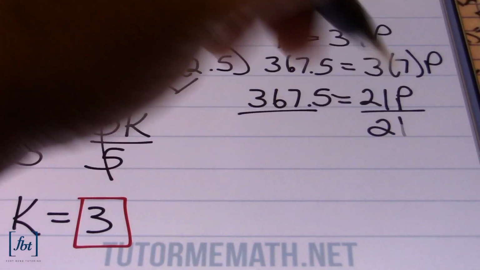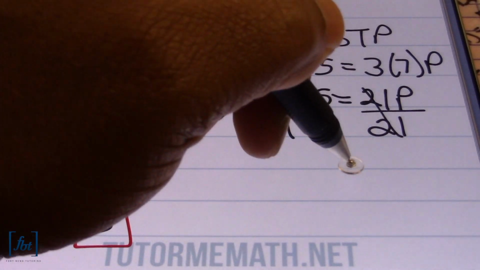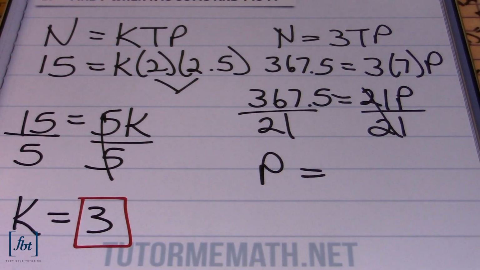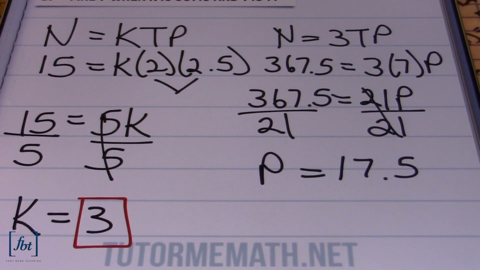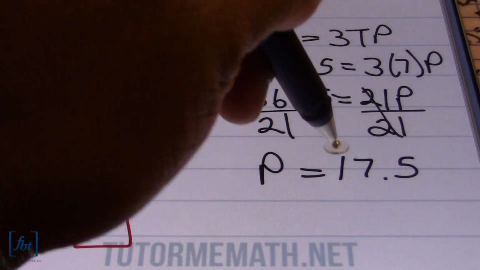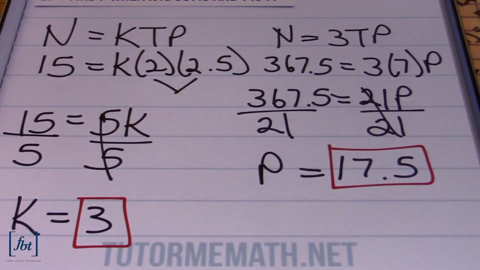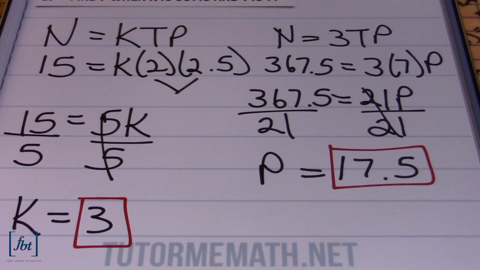So go ahead and divide both sides by 21. And when you simplify that, p equals 17 5/10. And that's our answer for p. All right, there it is. Stop being stingy with your red boxes. Go ahead and put a red box around your answer. That is problem number 4.